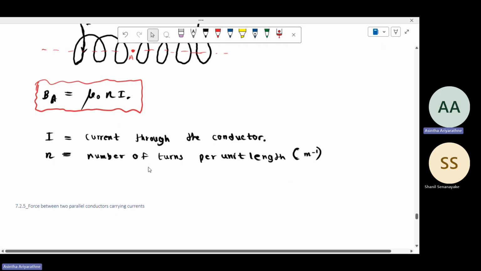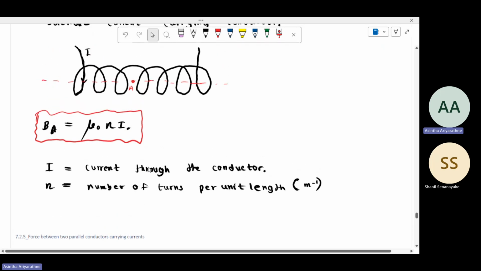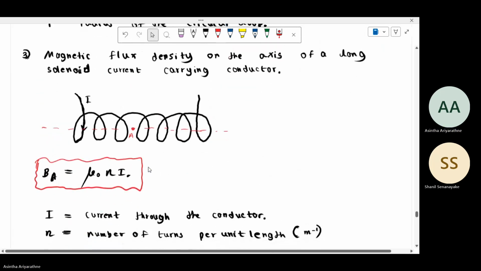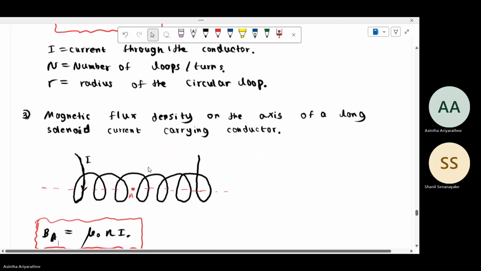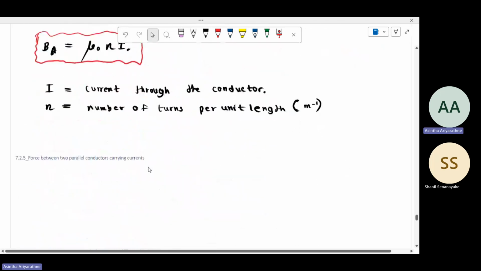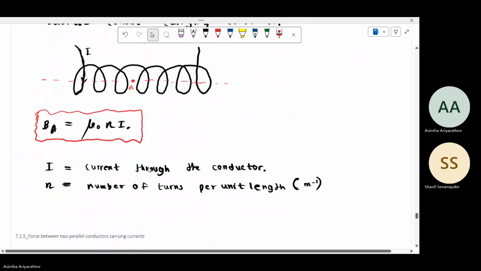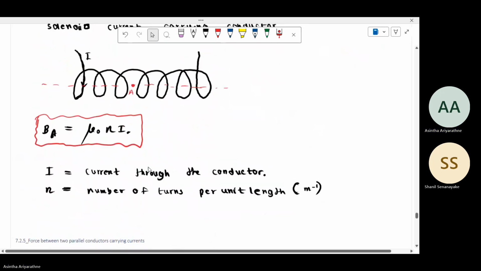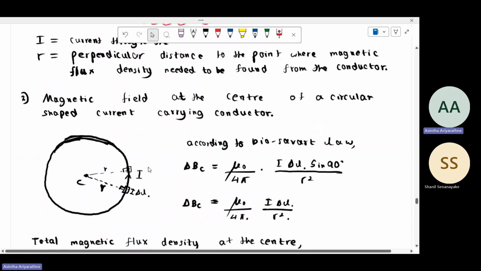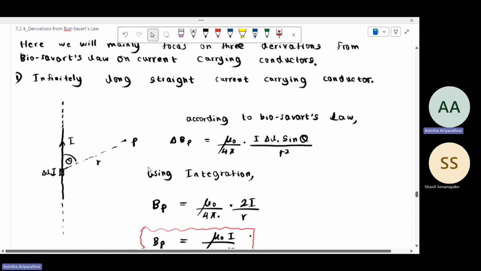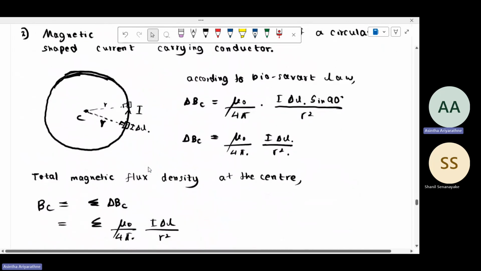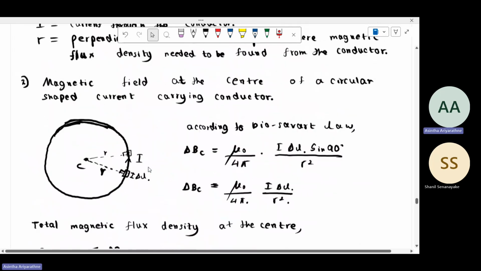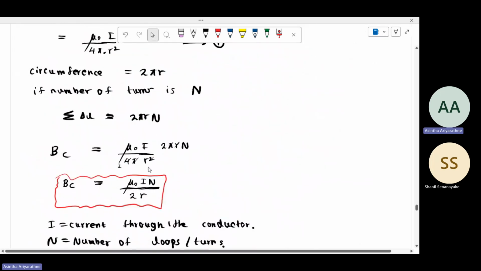Right. So these are the three expressions that we have to know according to our curriculum. First one is the magnetic field around an infinitely long straight current carrying conductor. Second one is the magnetic field at the center of a current carrying loop.